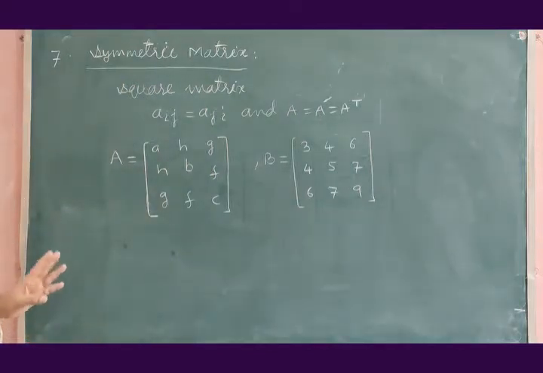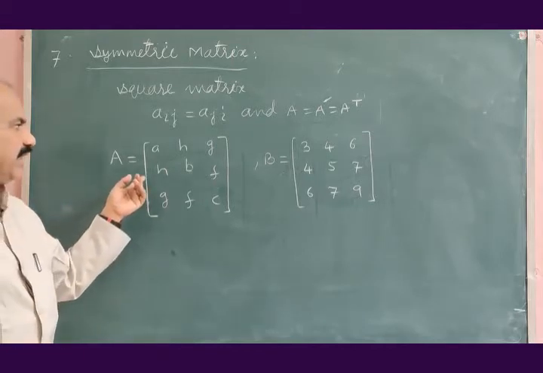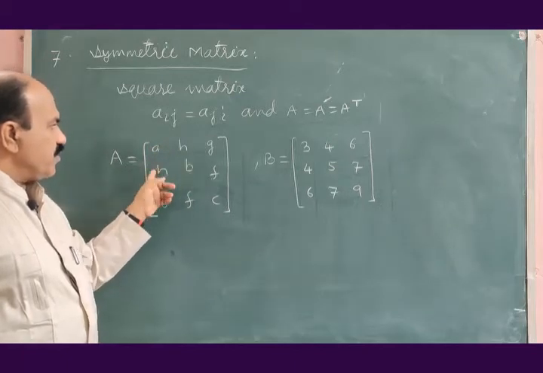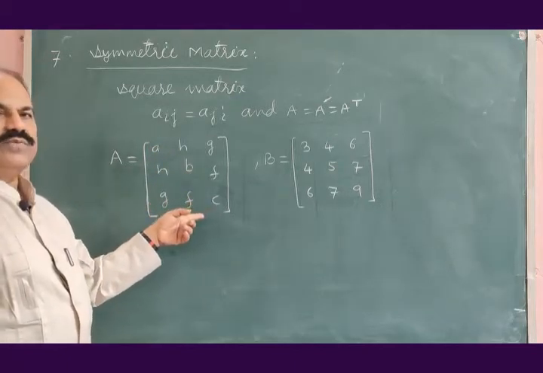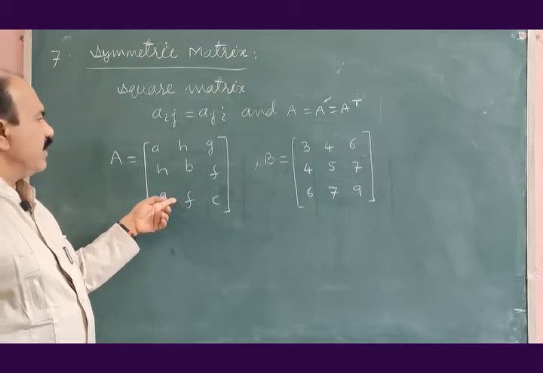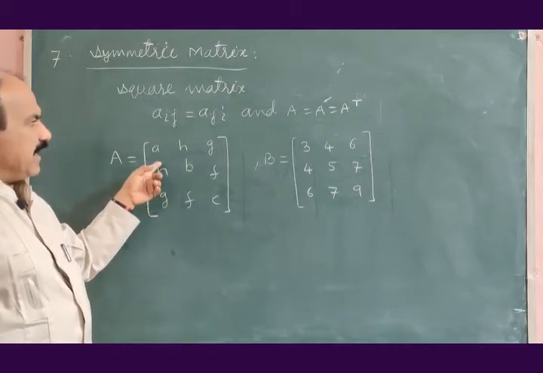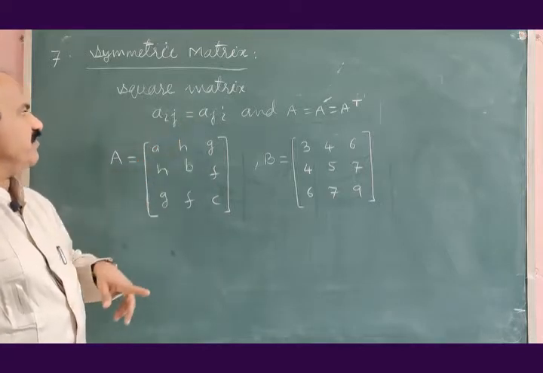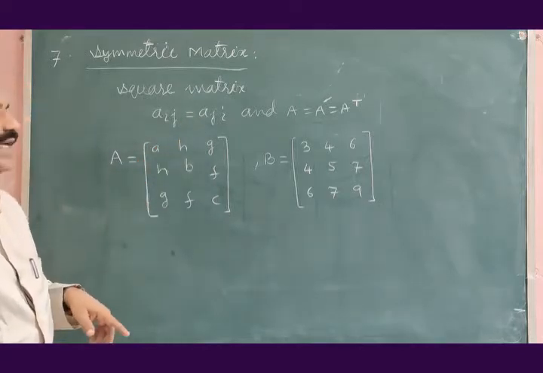Examples of symmetric matrix. First row, second row, third row. And what we find here, Aij is equal to Aji.